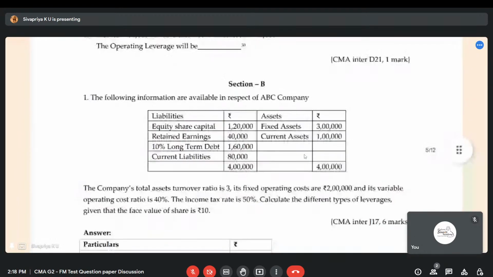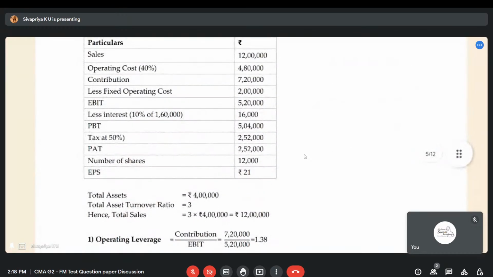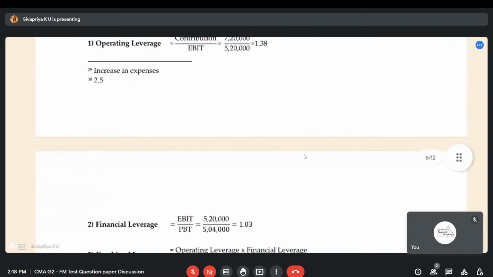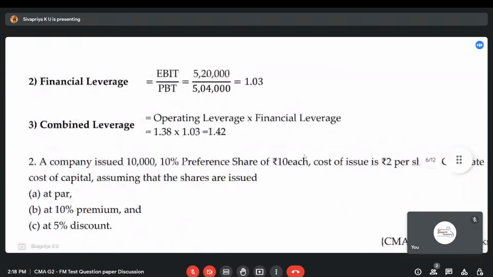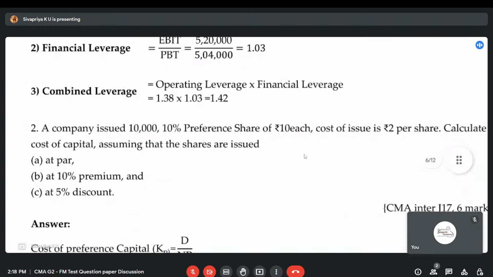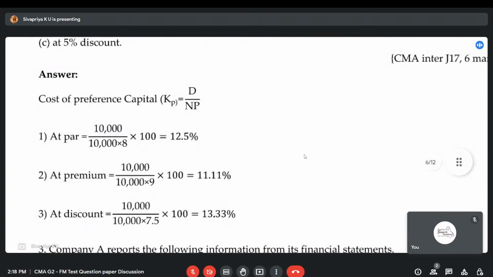Then section B. So in section B, what you have to do is calculate the leverage. So the answer is operating leverage 1.38, financial leverage 1.03, combined leverage 1.42. Then question number 2, cost of preference share capital, இது already நம்ம test 1 ல பார்த்ததுதான்.